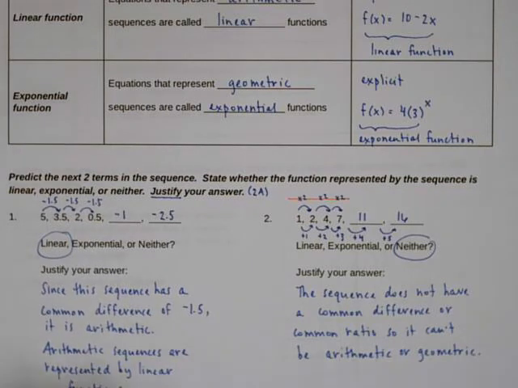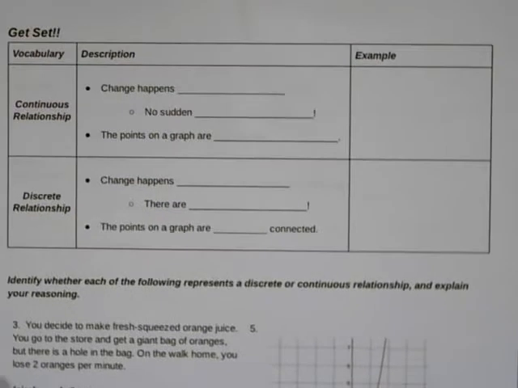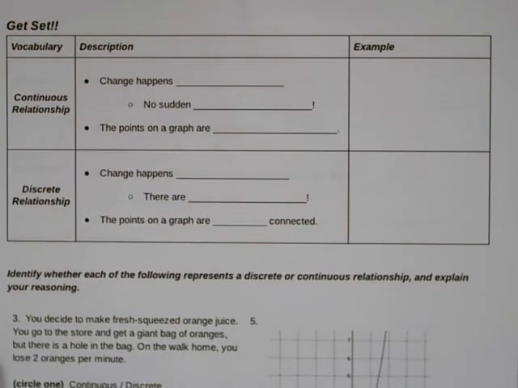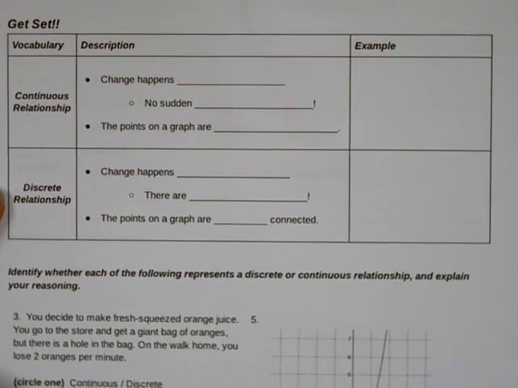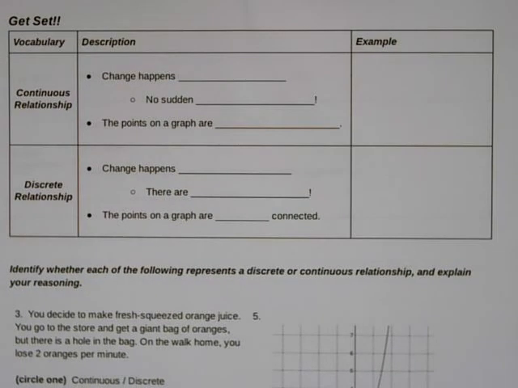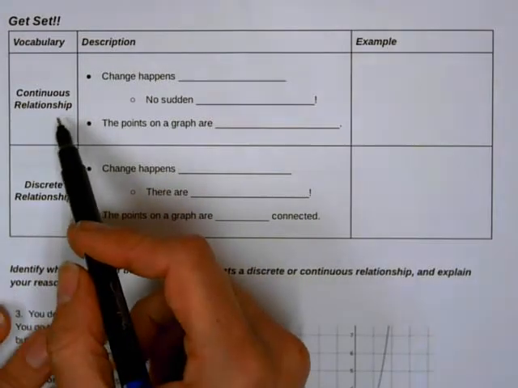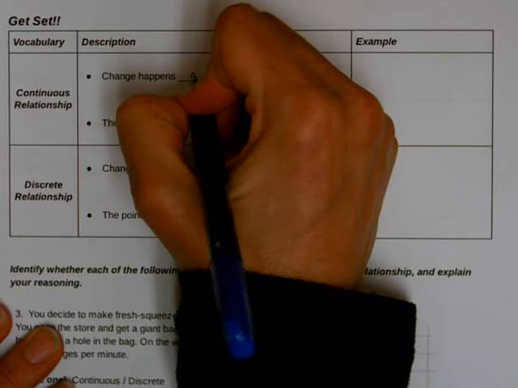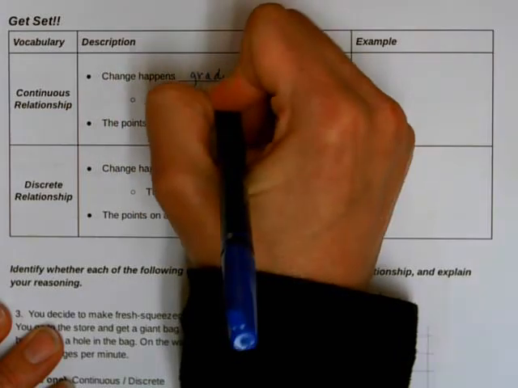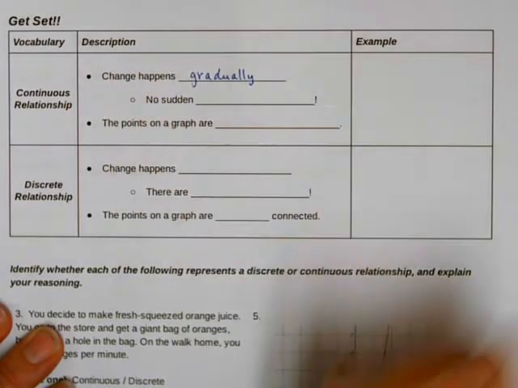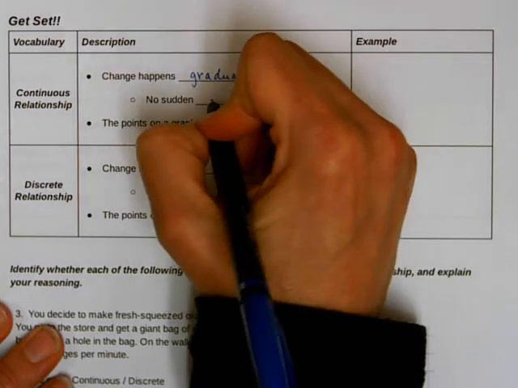Okay, for the next part, our next set of vocabulary here is talking about continuous and discrete relationships and the difference between them. So here are the big ideas that we need to know. For a continuous relationship, we say that change happens gradually, which really means there's no sudden jumps.